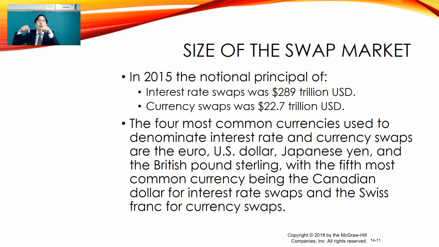Only your periodic interest payment contract is exchanged. The notional principal is the principal amount that you hold on your balance sheet, which doesn't change your ownership or obligation. Swap contracts are made based on this, about $300 trillion worth, a huge amount globally.